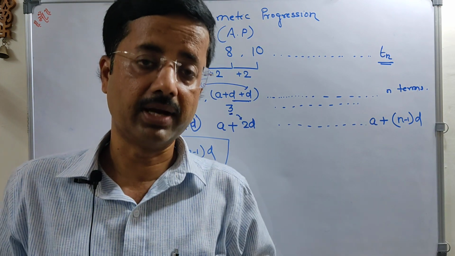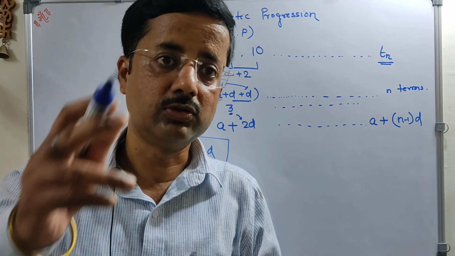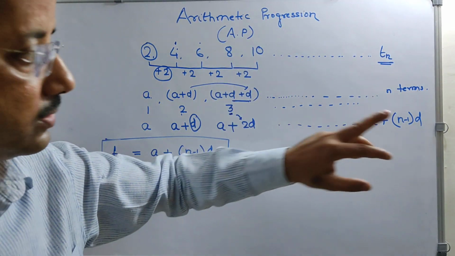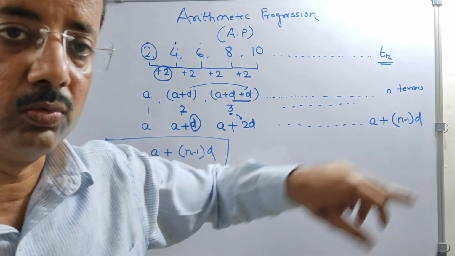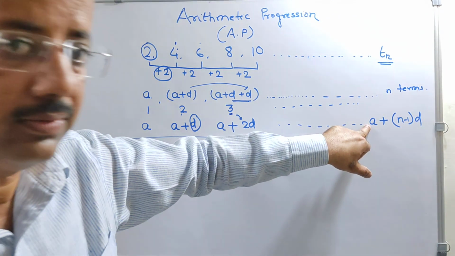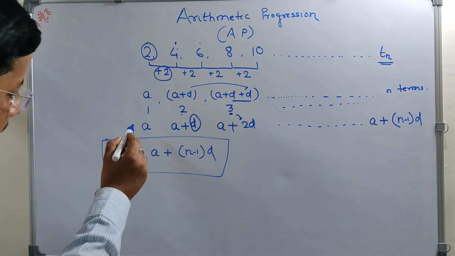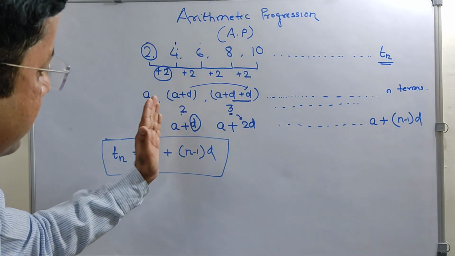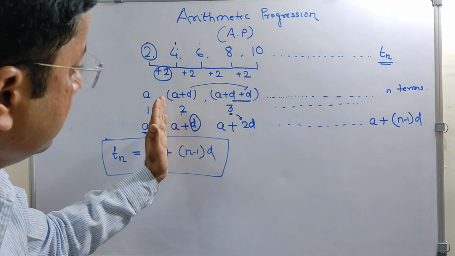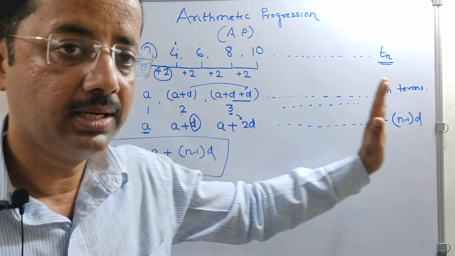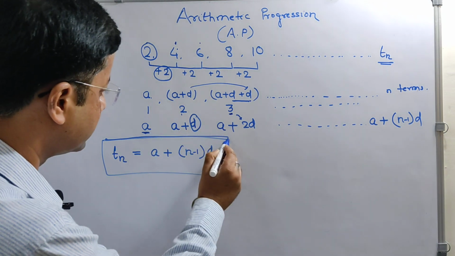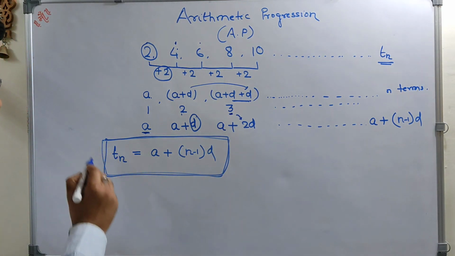Whichever term we are finding, the number of d's is always 1 less than the number of the term. So here for the nth term, it will be (n minus 1) d, and we are adding the first term because every term is obtained by adding d to the first term. So we have generalized the formula as Tn equals a plus (n minus 1) d.